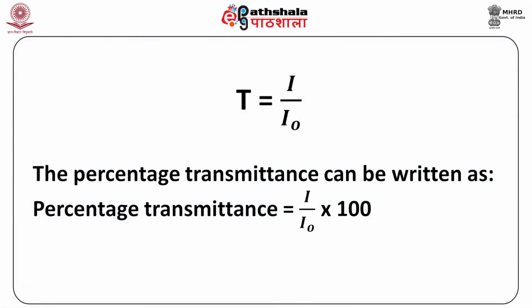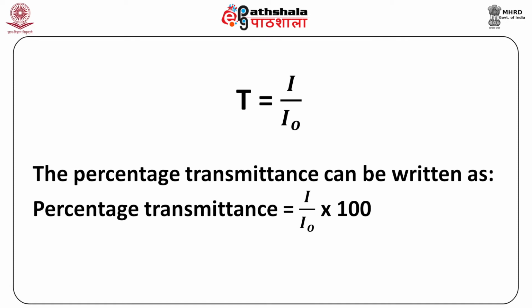Since I upon I naught is the ratio of the intensity of the transmitted light and the intensity of the incident light on the sample under observation, the transmittance of light by the sample can be written as I upon I naught. The percentage transmittance can be written as I upon I naught into 100.